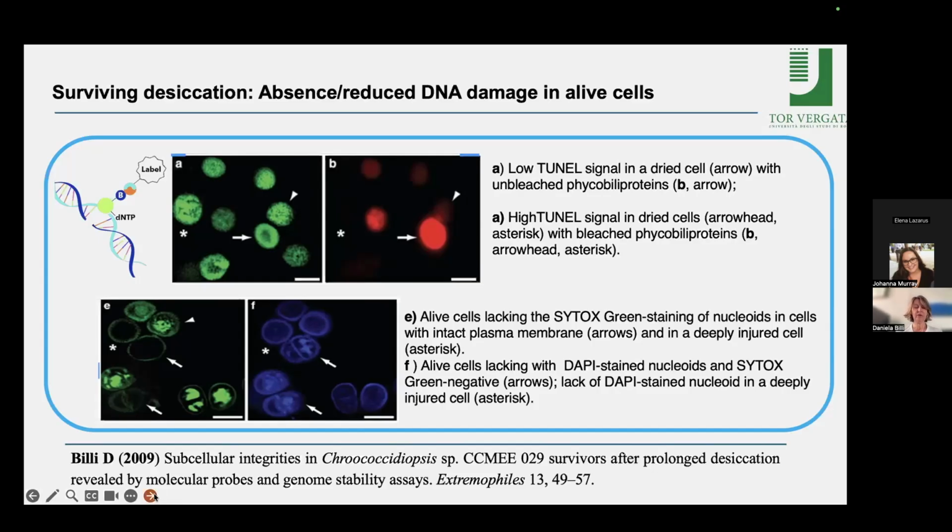So we investigated this dried Chroococcidiopsis with different approaches, and we had different evidence that there are cells that are able to limit the DNA damage.